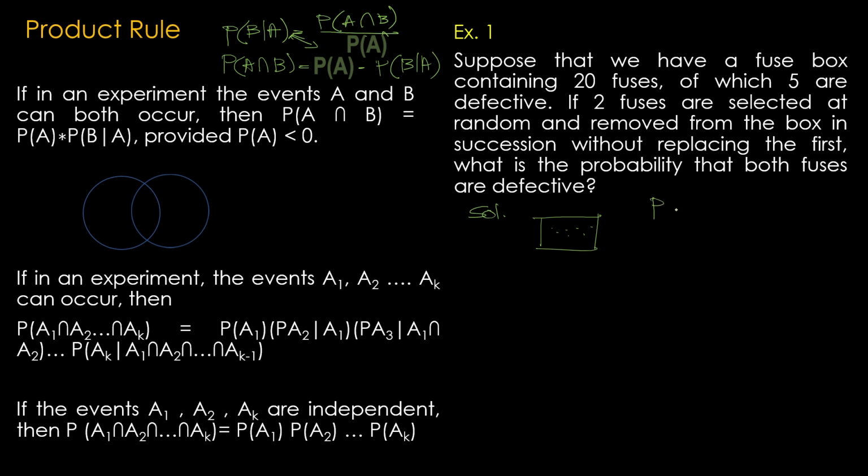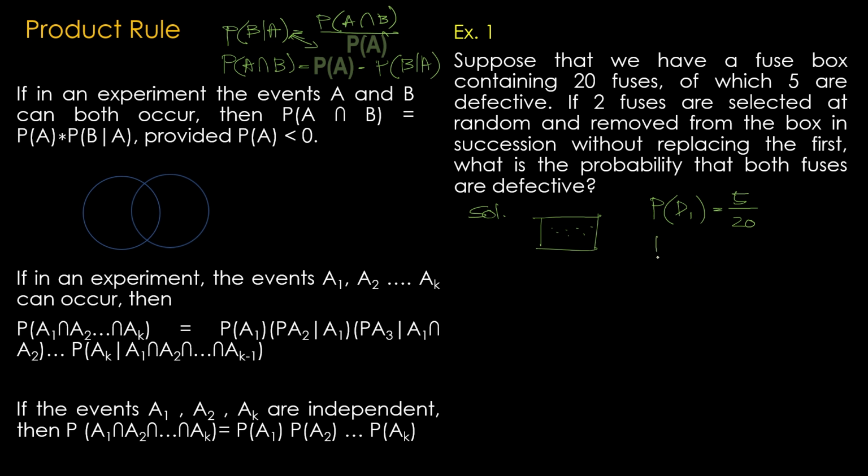So the probability of drawing a defective fuse in the first draw is equal to 5 over 20, because there are 5 defective and 20 fuses in total.